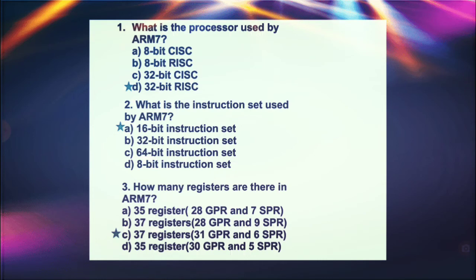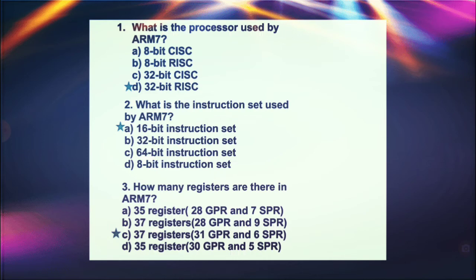Second question: what is the instruction set used by ARM 7? Choices are 16-bit instruction set, 32-bit instruction set, 64-bit instruction set, 8-bit instruction set. The correct answer is 16-bit instruction set.